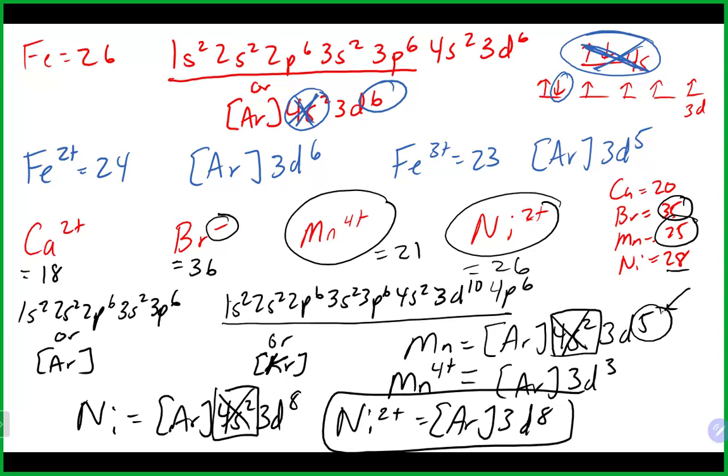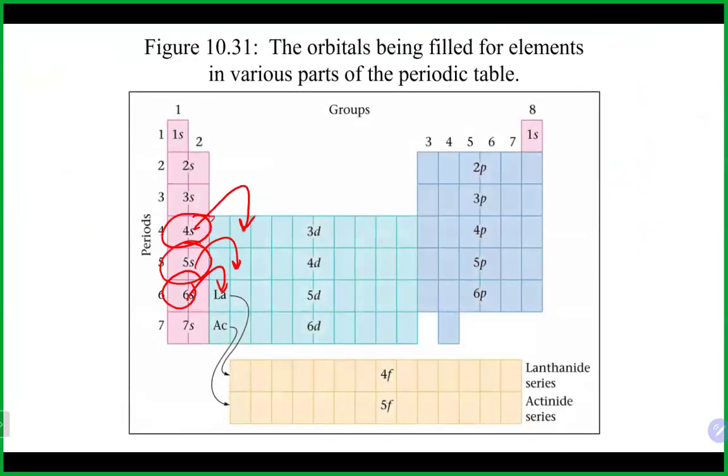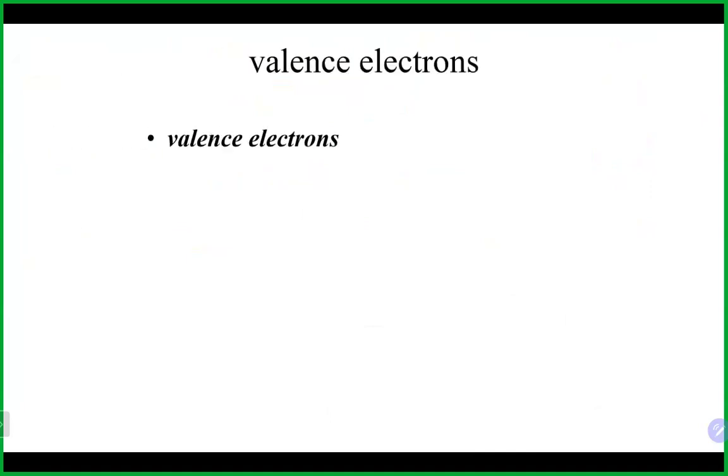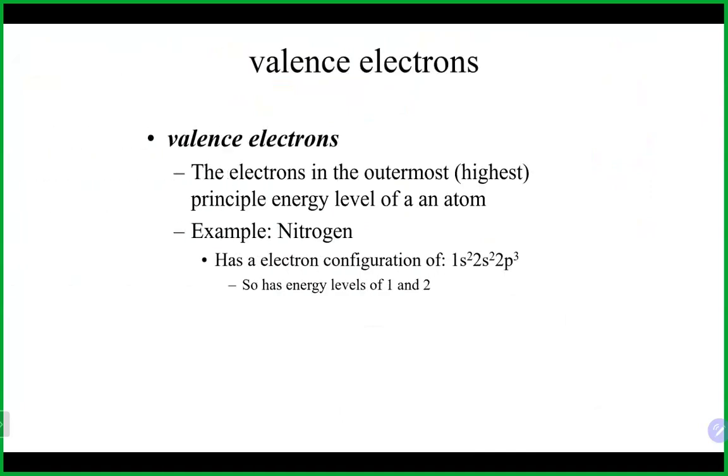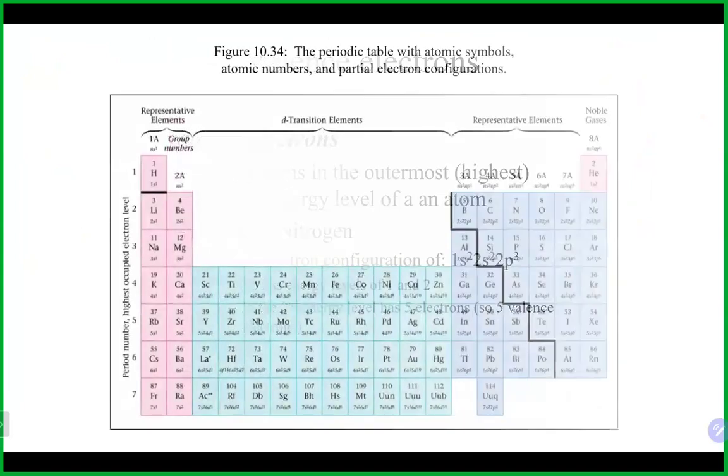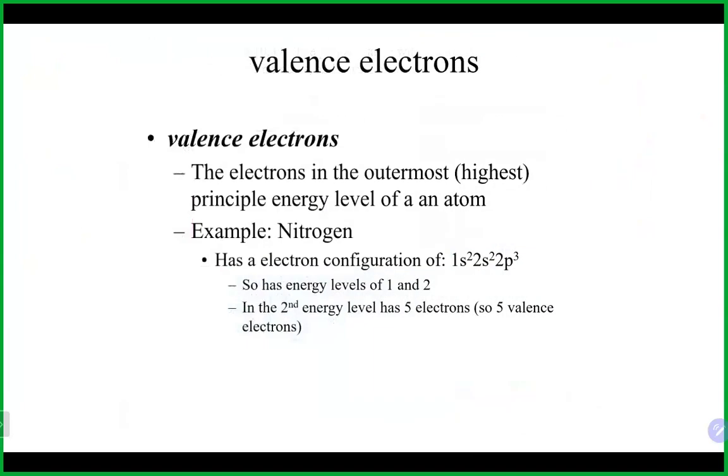All right, so clearly you need to be able to write electron configurations, with charges, no charges, transition metals, and all that good stuff, and be able to draw the orbital diagram. Let's talk about some other things, including some periodic trends. Obviously, our valence electrons, as we talked about throughout the semester, are those highest energy electrons.